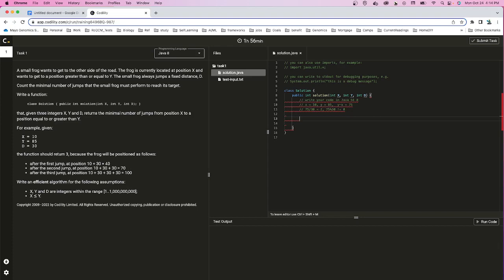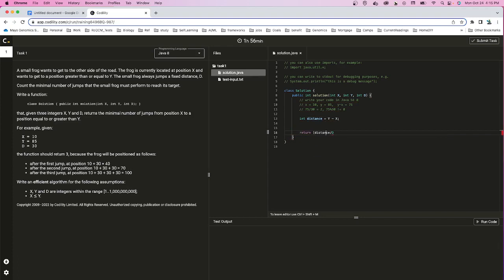So we're going to first compute the distance. The distance is going to be Y minus X. And then we are going to return distance divided by d. Okay.